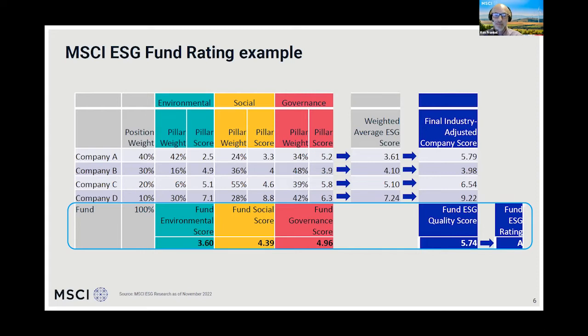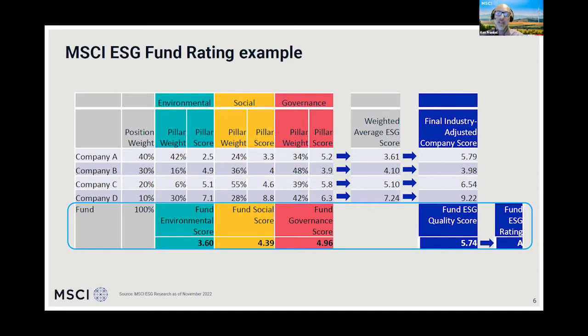It's worth noting that since the fund environment, social, and governance scores are based on absolute company scores, while the fund ESG quality score is based on those relative industry adjusted scores, they're not expected to tie out with each other. For instance, in this case, the pillar scores that you see on the bottom left there are all less than 5, while the quality score is greater than 5.